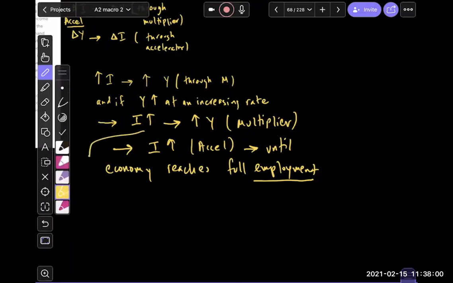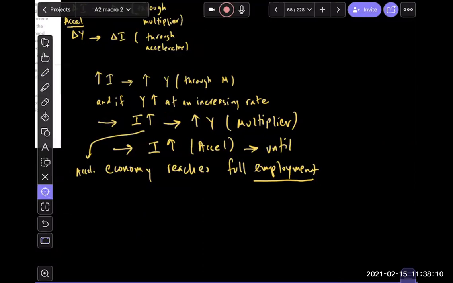I should have written accelerator here, right? And basically in the conclusion, you talk about how accelerator and multiplier theory can work together, which is called accelerator multiplier interaction.